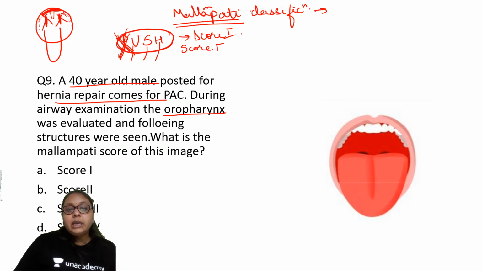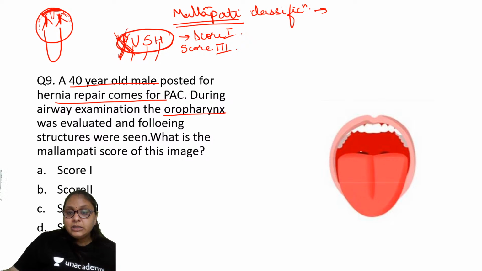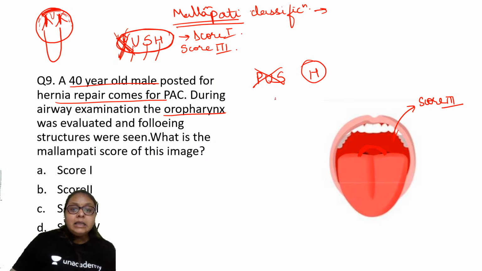In score 3, as seen here, we are able to see the soft palate and the hard palate, and therefore it is score 3. If I'm not able to see the pillars, uvula, soft palate and only hard palate is seen, then that is score 4.